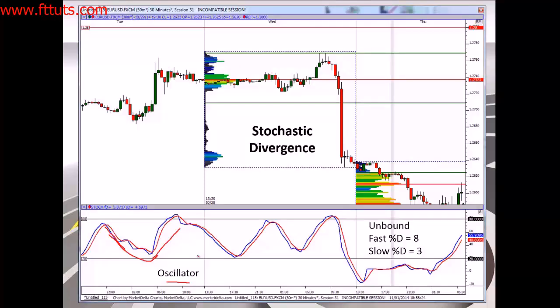Now, most stochastics on many of the platforms in the market are bound stochastics. Bound stochastics means that they cannot exceed the number 100, so their range is from 0 to 100. This particular stochastic indicator that I'm showing happens to be in market delta, and it gives us the flexibility of being an unbound stochastic.